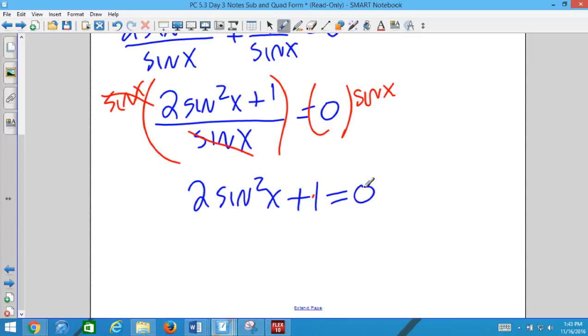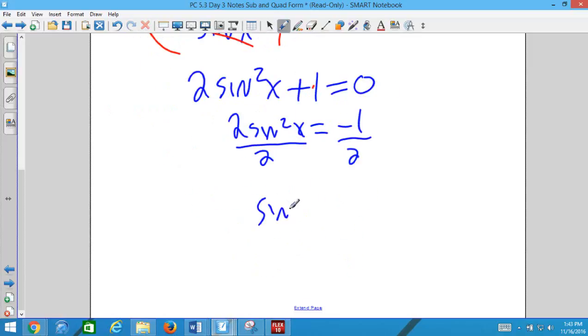Then we can solve it. What would we do to solve it? Divide by 2, right? We get sine squared x equals -1/2. What will we do?